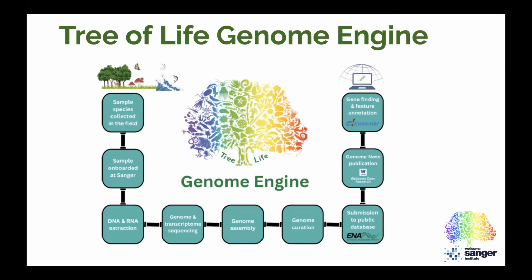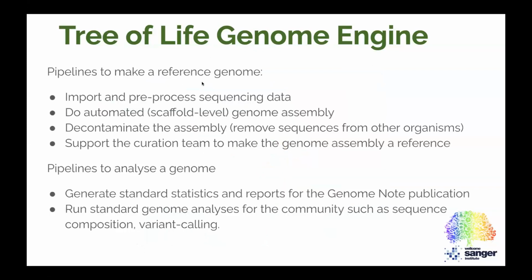And before talking about Nextflow, there are people who are getting the samples in the field, sending them to Sanger, and then they go to the core lab doing the DNA and RNA extraction. Most of our pipelines start with the concept of genome assembly and then analyzing the genomes. So we've got pipelines to make the reference genome assembly: import data, pre-process the sequencing data, do an automated assembly.